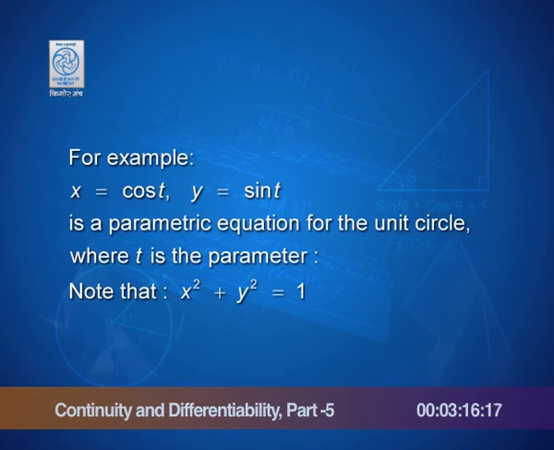So, if you square x and y and add, cos square t plus sin square t is equal to 1. So, t changes and it generates the coordinates of the points which lie on the curve, and that is a way of representing a Cartesian equation in terms of a parameter.